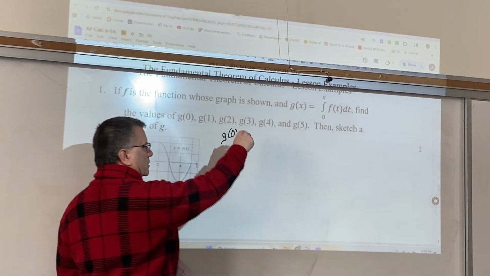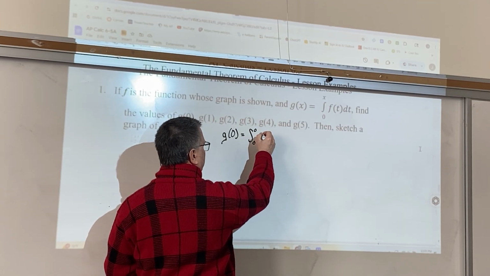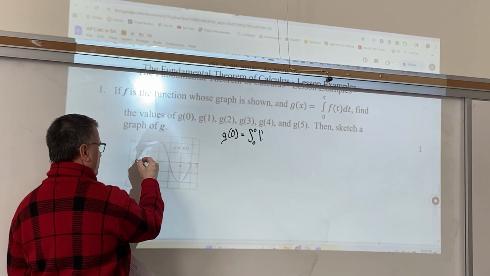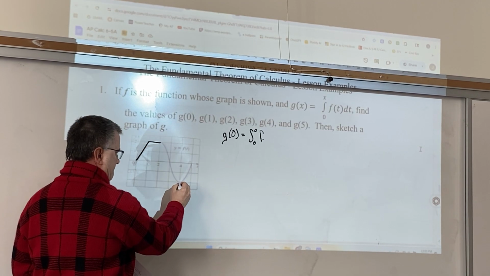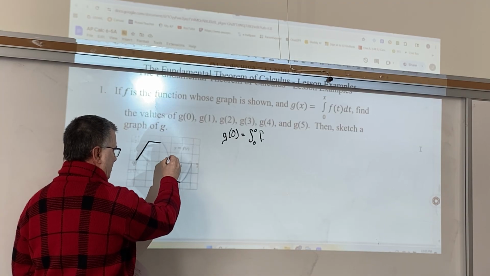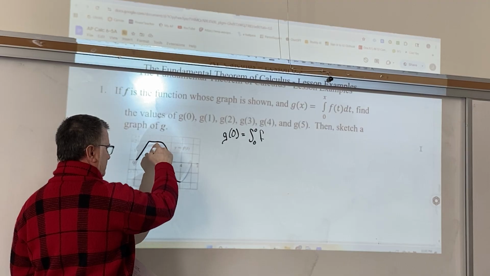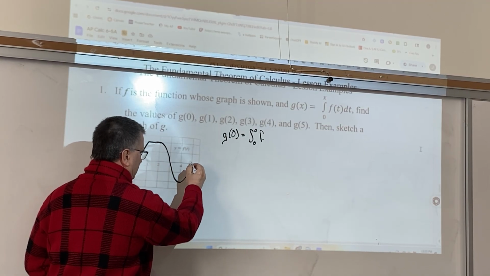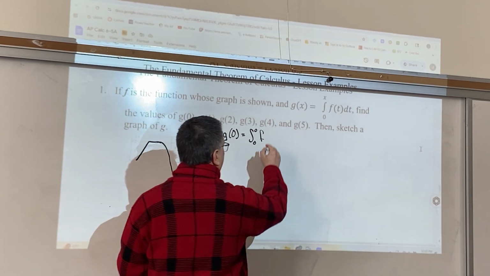G of 0. According to this, that means I want to take the integral from 0 to 0 of this function. It's on your sheet, but try to highlight what it looks like. There it is, highlighted there.